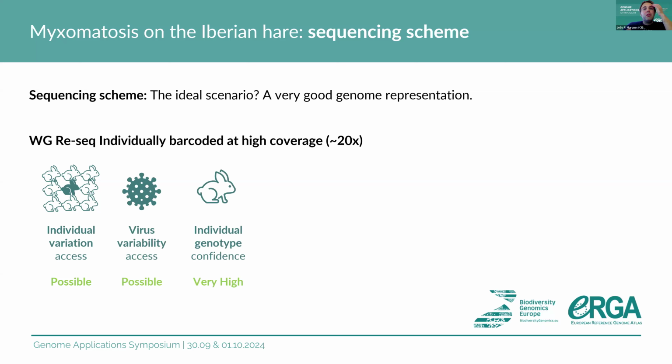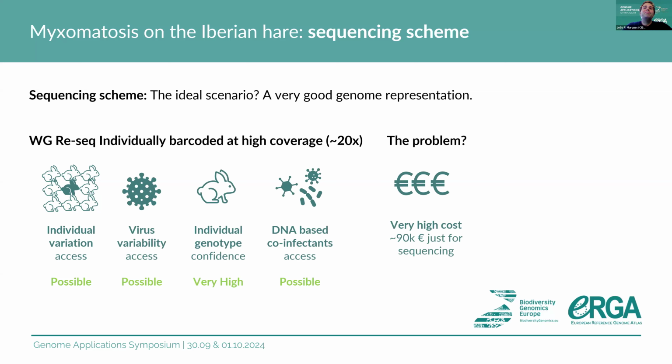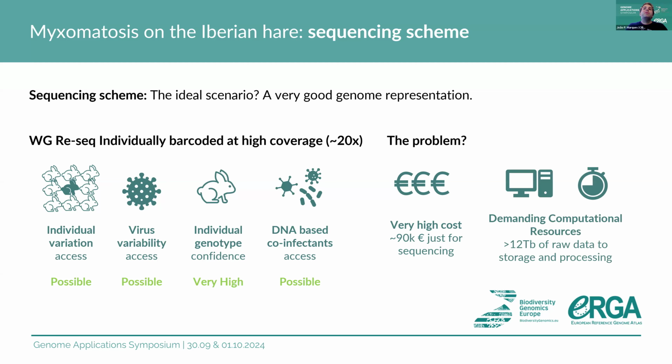We could infer very high confidence individual genotypes. We can even detect some DNA-based co-infectants from the individual, but of course, this has some problems, namely a very high cost just for sequencing, more than 1,000, and I'm taking out the human resources that we would need to do that, and of course demanding computational resources.